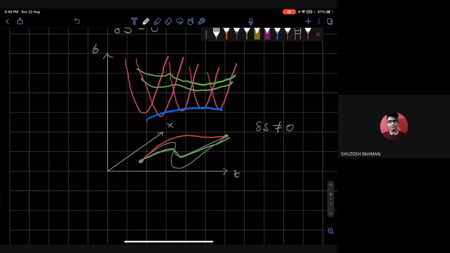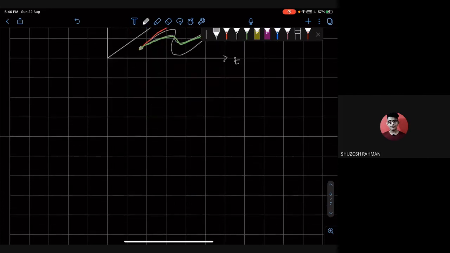So next, what we want to do is formulate this principle of least action mathematically. Let's introduce the notion of the variation of a path.